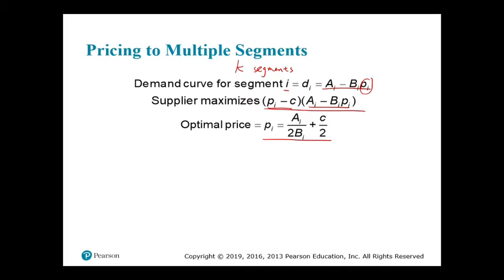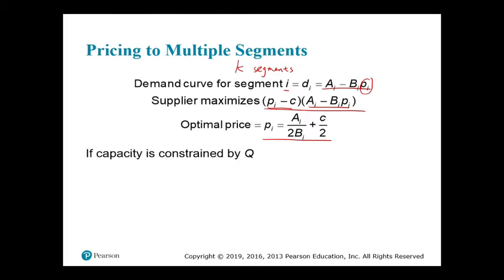So the reason why we cannot separately consider the pricing for different segments in most cases is possibly we could have demand correlations between different segments, but more importantly that we have limited capacity, right?